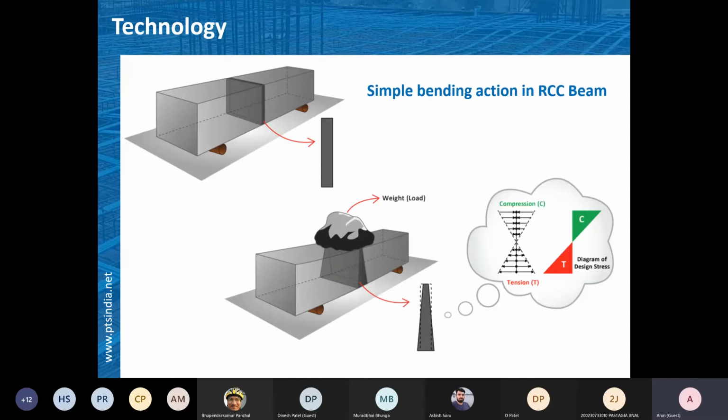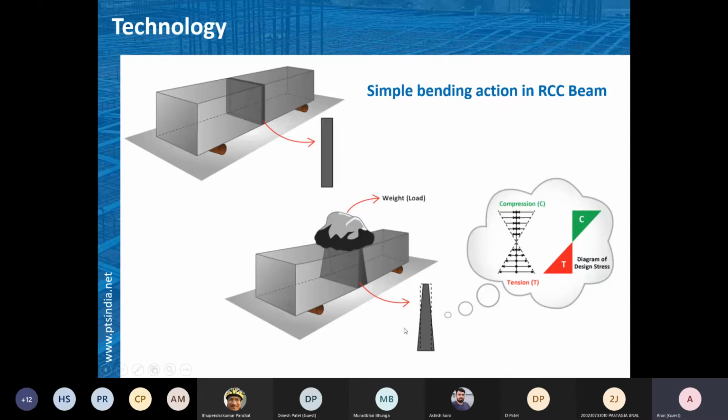We generally denote these internal actions or stresses with diagrams like a triangular diagram: there is a vertex, and you have maximum compression at the top, then it minimizes, and there is the neutral axis, and then again you get maximum tension at the bottom. So this is what we learned in RCC fundamentals.